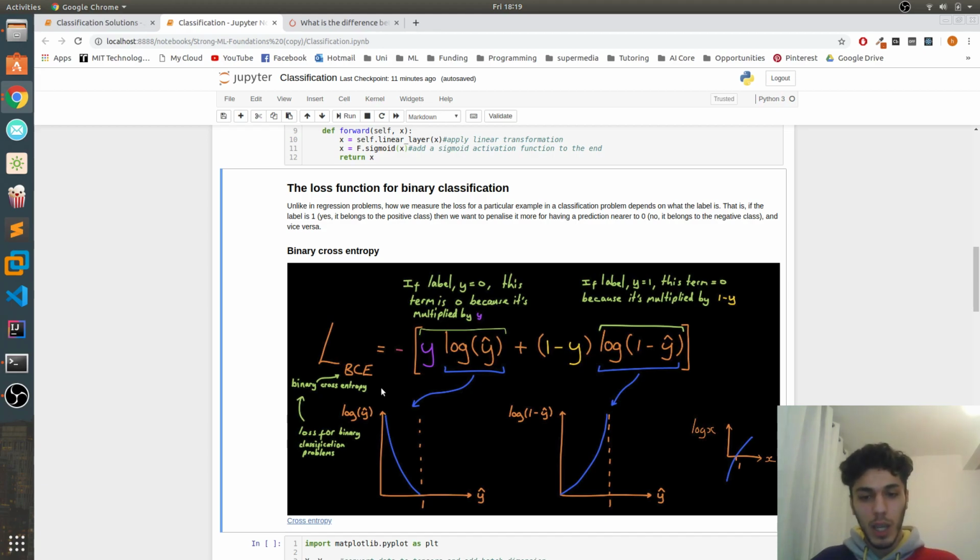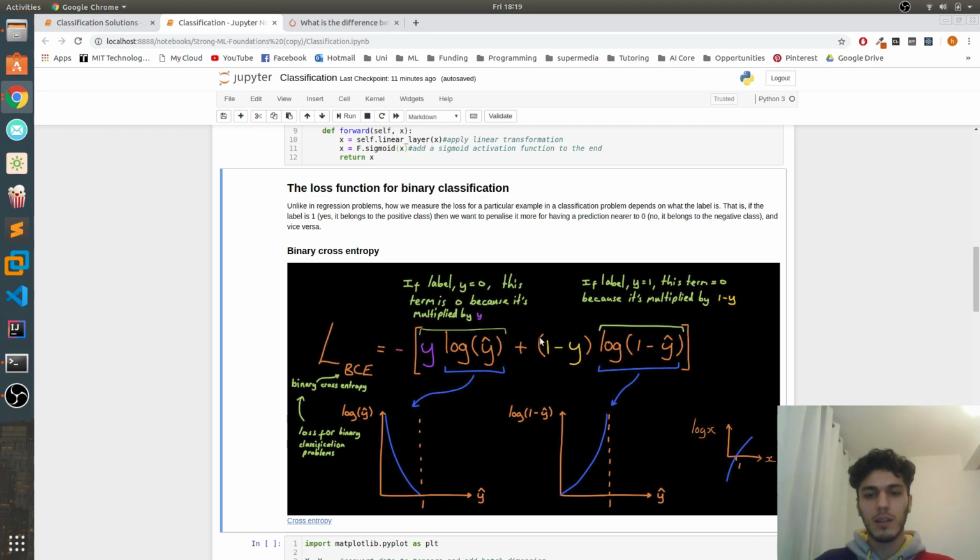And that's about it really. Basically, it just checks how far we are away from the label, and it gives a number between 0 and infinity, which is how wrong or right we are. So yeah, that's basically it. It's not too complicated.